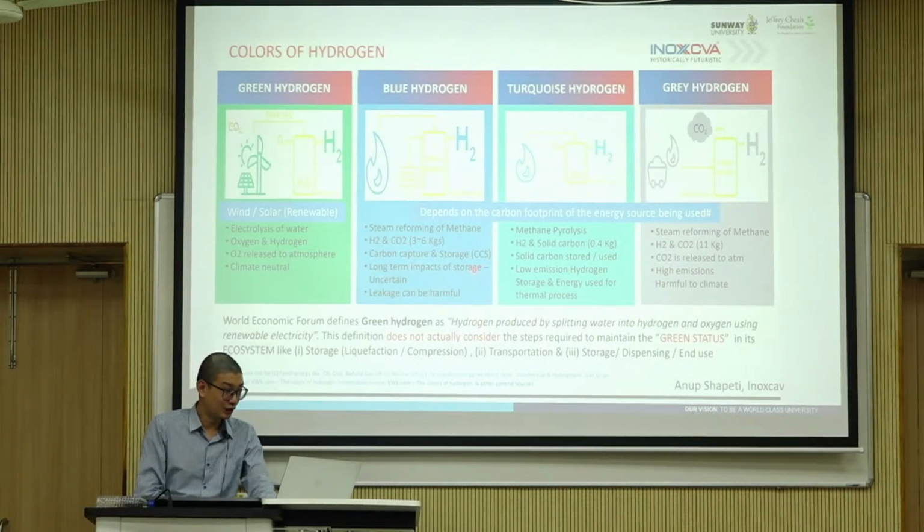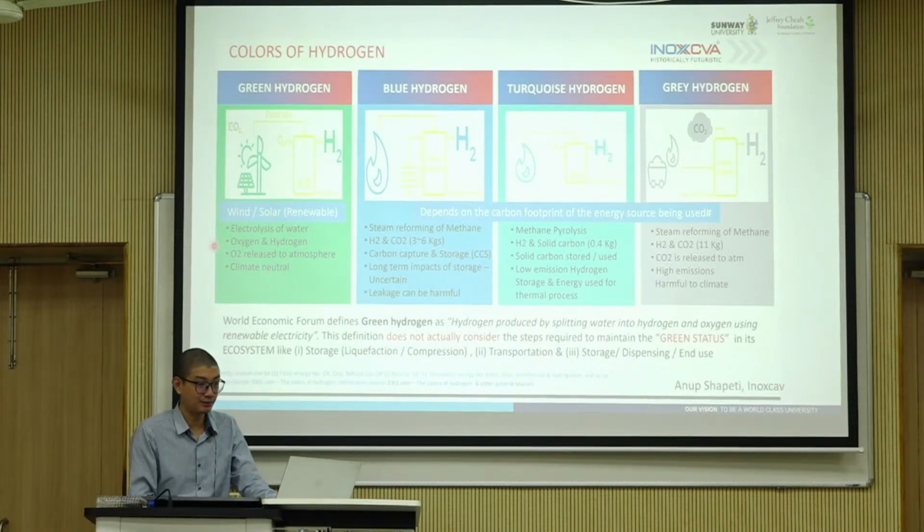So this is a little bit more detail about the classifications, because you see the green hydrogen only produces water and also oxygen. So it's a totally climate neutral hydrogen, carbon neutral. Then the gray one, you know what this is already?